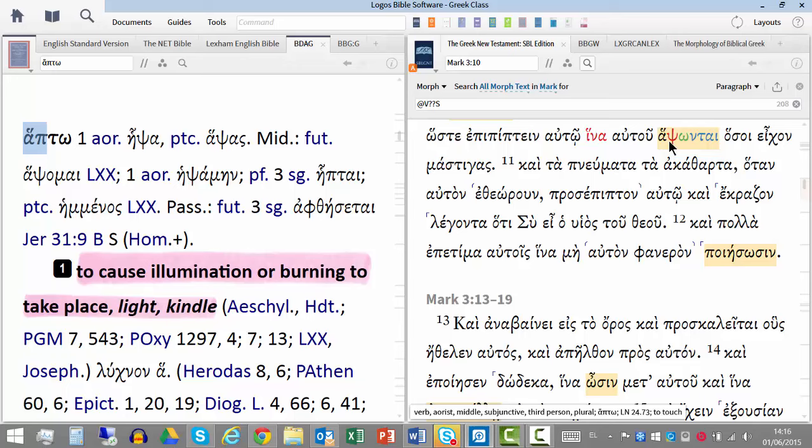P plus sigma becomes psi. Lengthened connecting vowel. Ntai, third person middle passive ending, in this case middle, in order that they might touch him. Poiesosin would not give us any trouble either. So we're looking for diagnostics. Keep your eye out for them. You should be able to parse most of these forms.